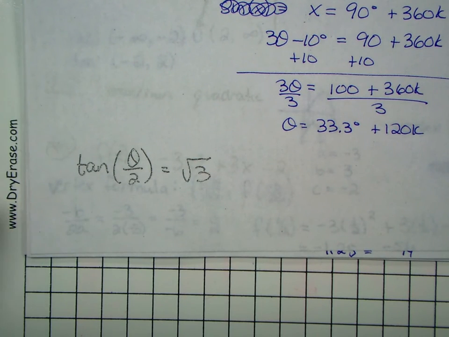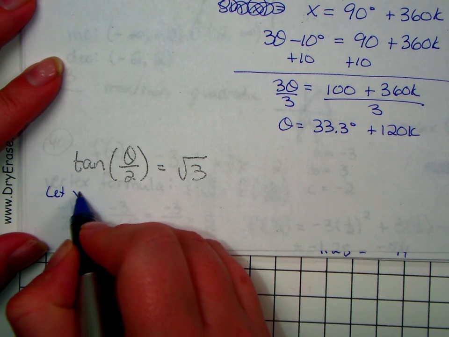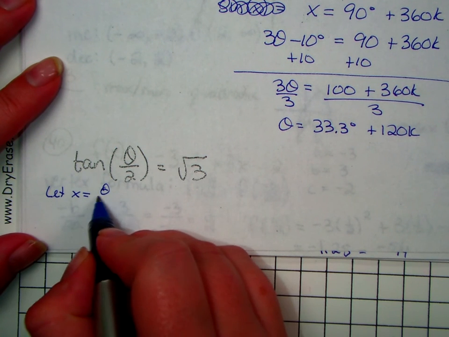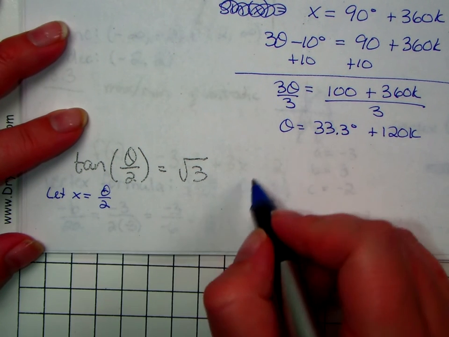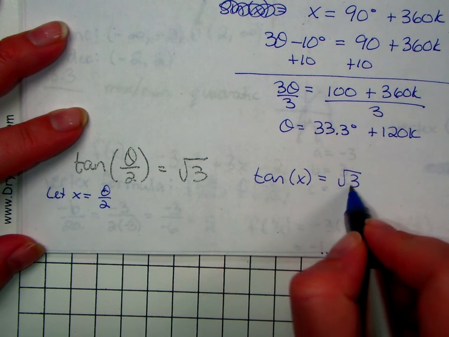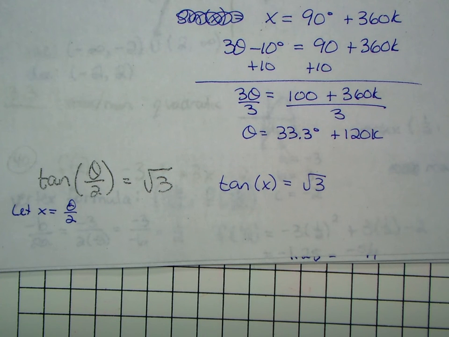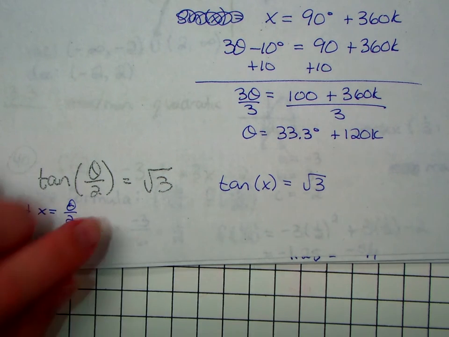All right. So let's do the same thing here for tan theta over 2 equals rad 3. Let's let x equal theta over 2. So what I'm going to do is solve this equation. Where does tan x equal rad 3? For what angle?